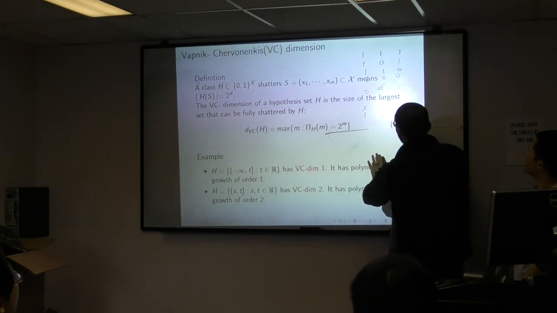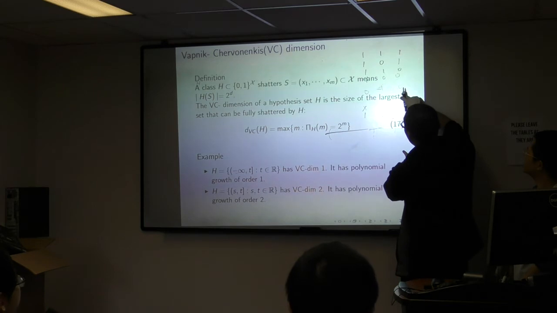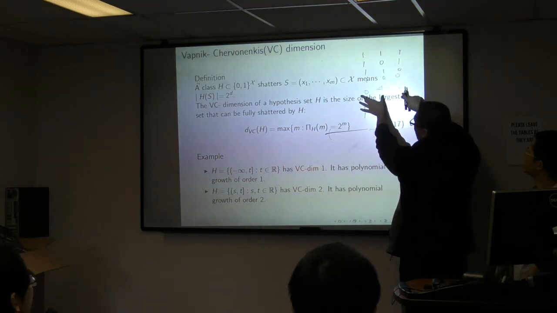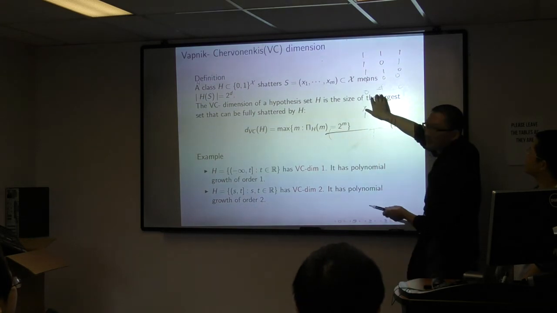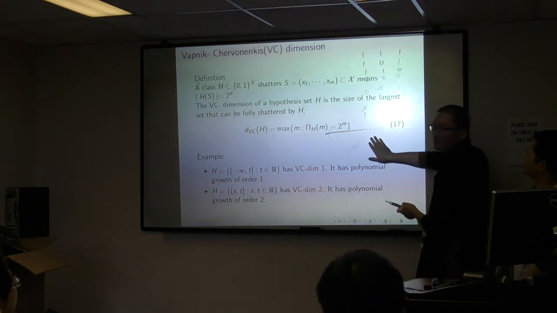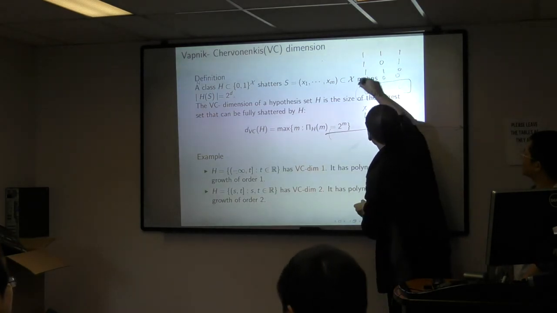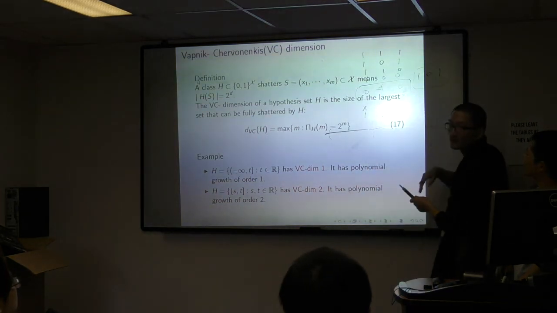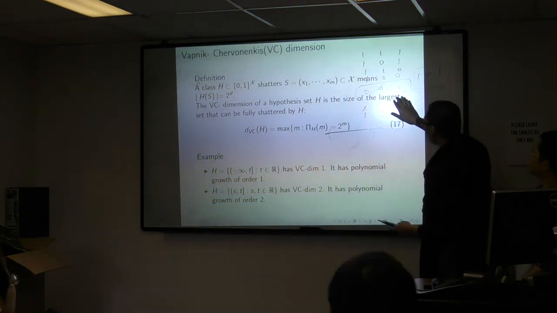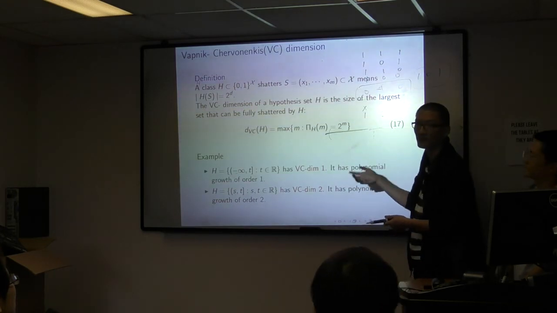And if we try t here, then even if you flip the interval, these 2 points must have the same label because they are both in the interval. So this kind of outcome, and also 1, 0, 1, you can never achieve. That means these 3 points cannot be shattered by this hypothesis.